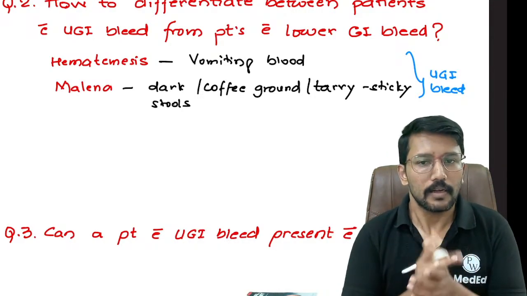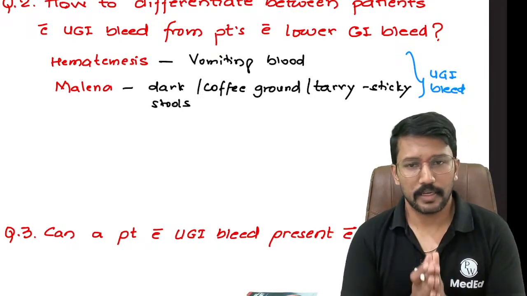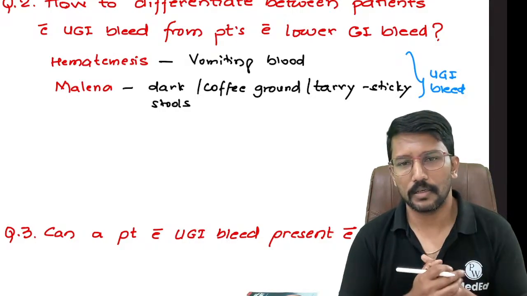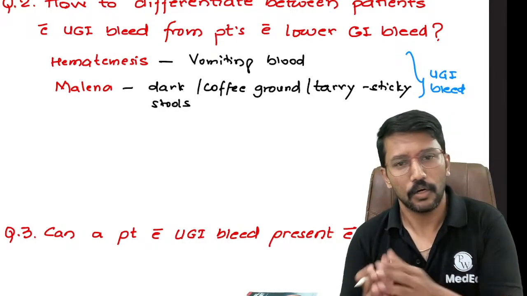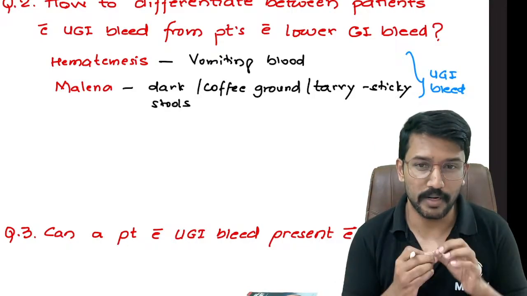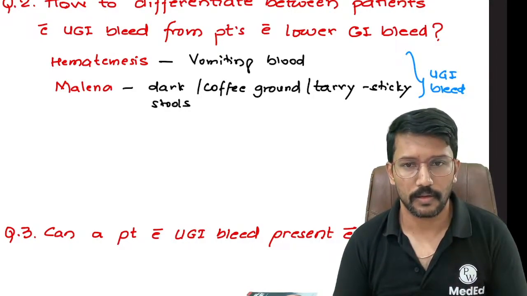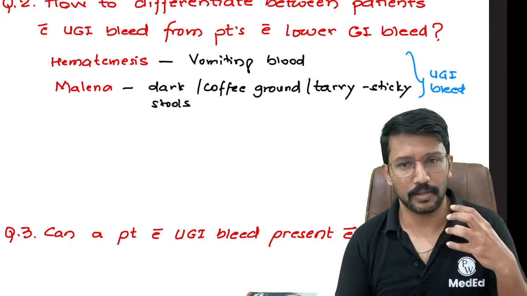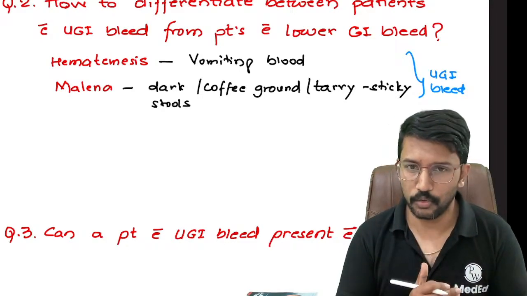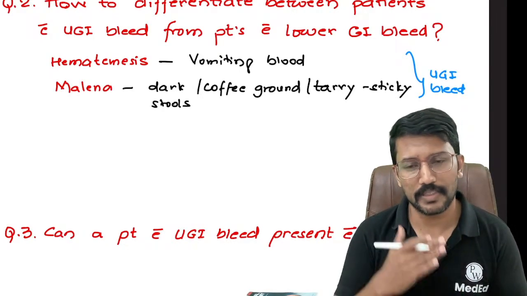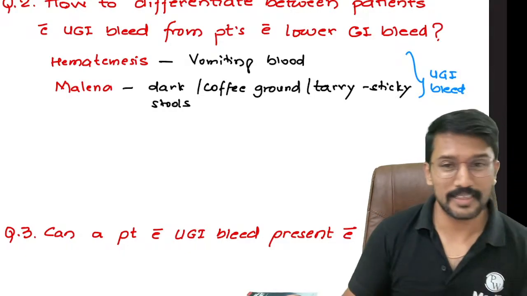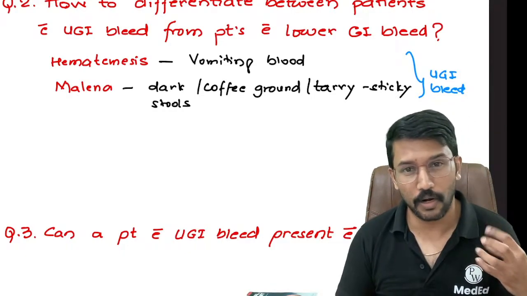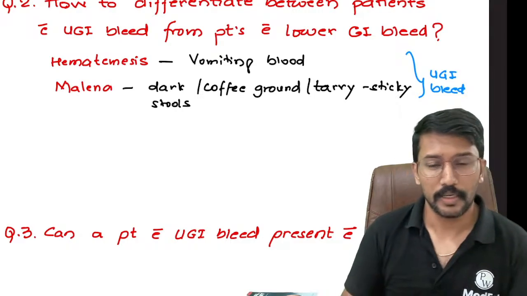Okay. Now, the first thing we have to understand is what gives this coffee ground or tarry color to the stools if I have blood in the upper GIT. I have already told you the blood is acted upon by hydrochloric acid, the digestive enzymes, and the bacterial activity. So why do we see this coffee ground or tar colored stool instead of fresh blood in upper GI bleed?